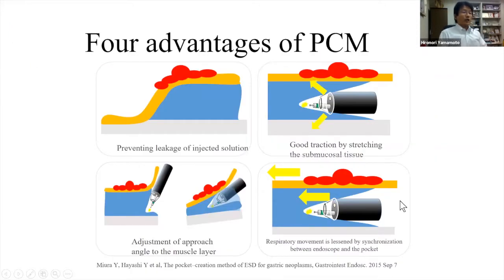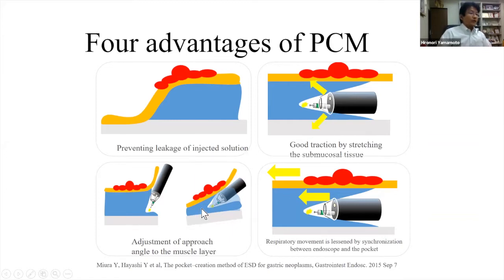And then we realized that the pocket creation method has several advantages. Four main advantages. One is prevention of the leakage of injected solution, so you can get a good protrusion, good mucosal elevation throughout the procedure. And the tip of the endoscope goes into the submucosal space, so good traction is applied by stretching the submucosal tissue with this hood.